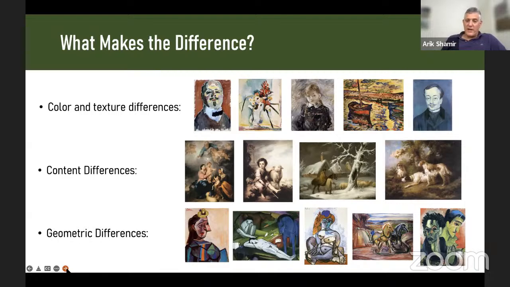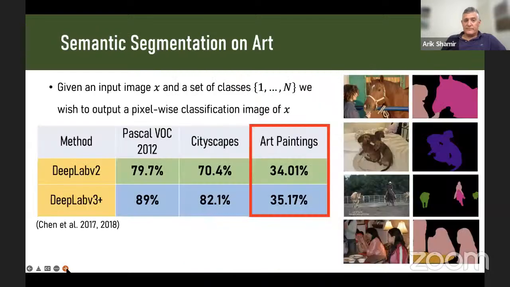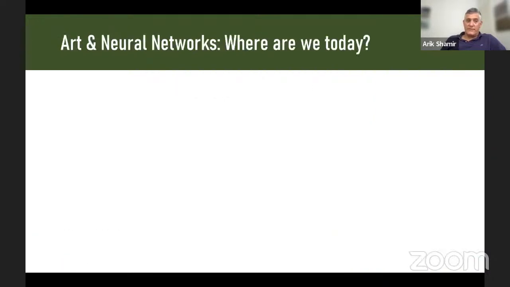All these create challenges again for computer vision algorithms. As I've shown you before, if you run the state-of-the-art segmentation algorithms, you find that the performance drops rapidly to around 30 or 40%. So we were trying to tackle exactly this problem of segmentation in art.